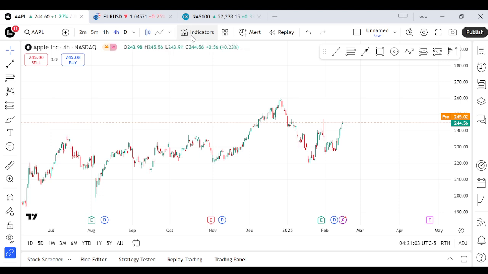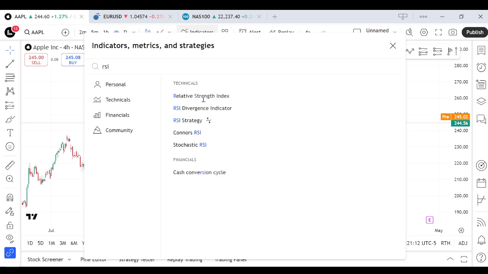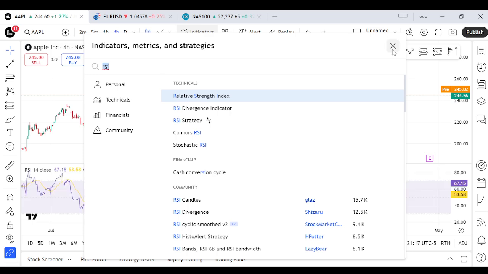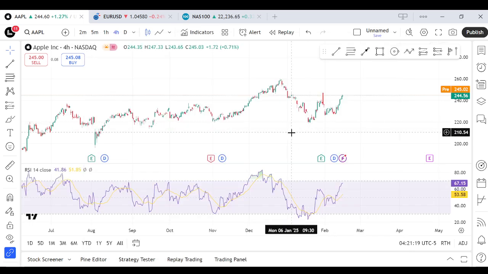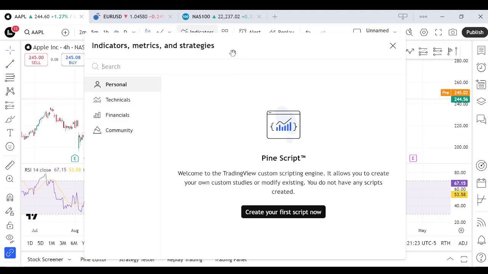So I'm going to quickly add the indicators to the charts. First, let me add the RSI. And then I'm going to add the exponential moving averages.